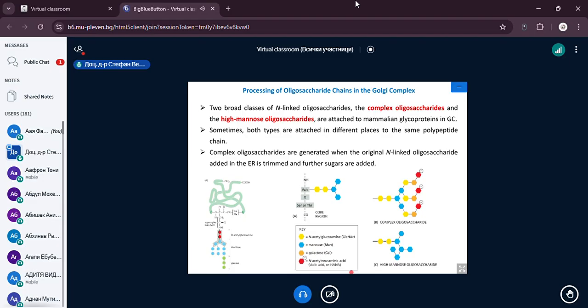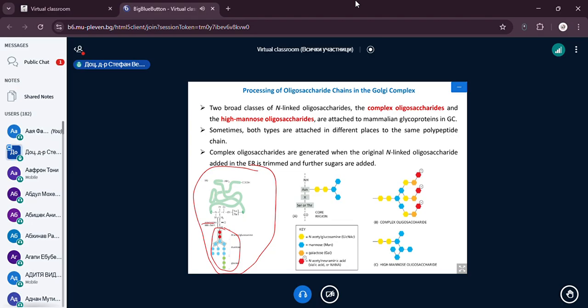Now, I will briefly go deep into the process of glycosylation or post-translational processing in the Golgi apparatus. You see here the protein as it is in the endoplasmic reticulum. This is the polypeptide chain, and here on the amino acid asparagine, this preformed oligosaccharide is added and blocked.